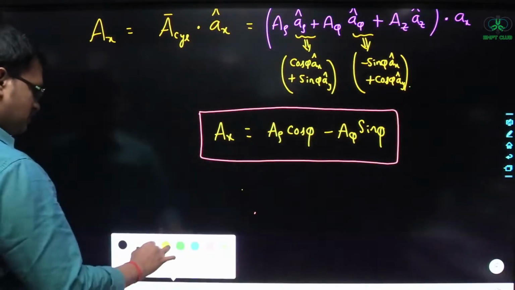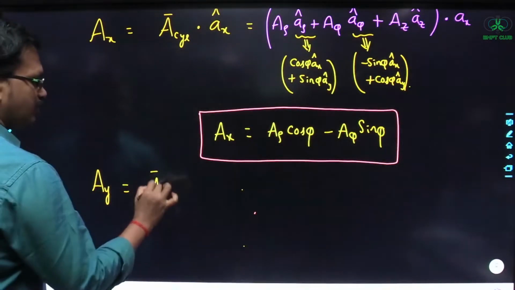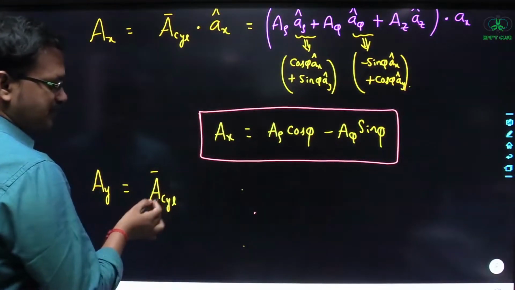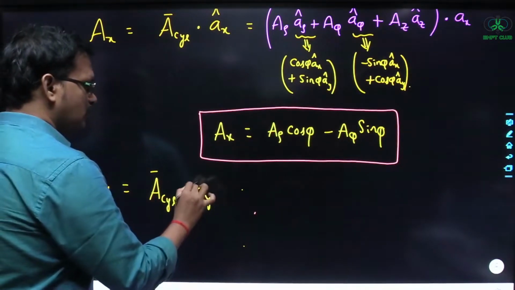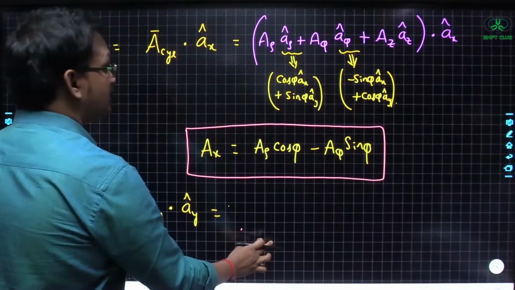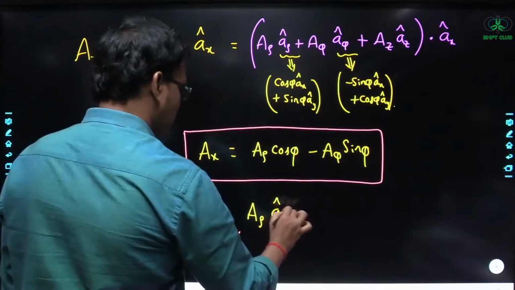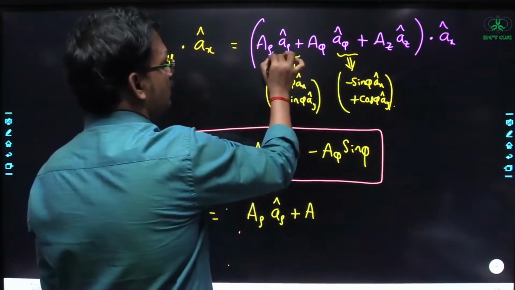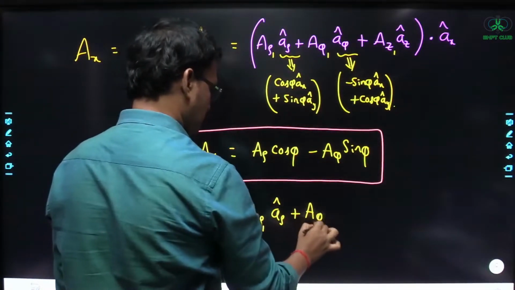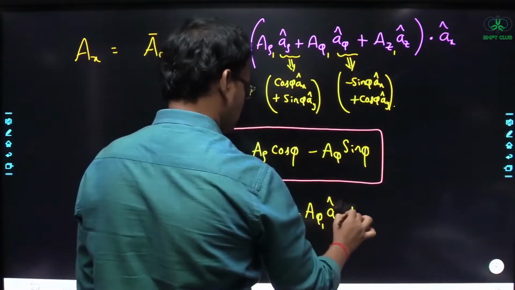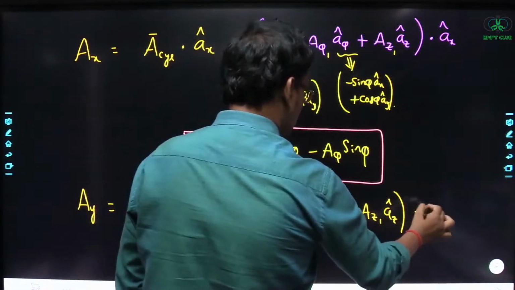Next, ay value. Similarly, you can determine the ay value. So ay is equivalent to what? Take the vector, and determine the component of this vector along y direction. So that is a bar dot ay cap. So that means a rho 1 a rho cap plus a phi 1 a phi cap plus az1 az cap, dot ay cap.